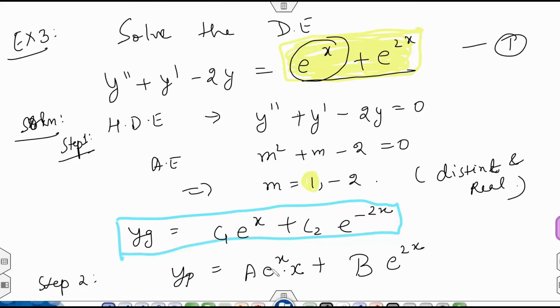Because in this exponential to the power ax, a is equal to 1, which is equal to one of my roots. So I will multiply x with this part of the trial solution, and I'll leave this because this is not a problem. Here 2 is not a root. So I'll leave the trial solution over here. So this will be our final trial solution.